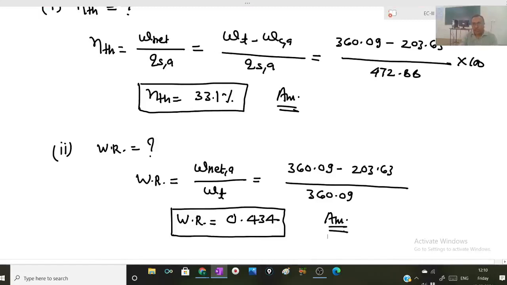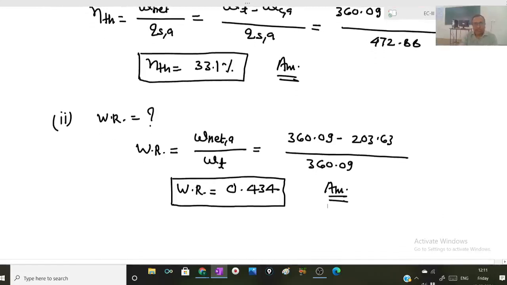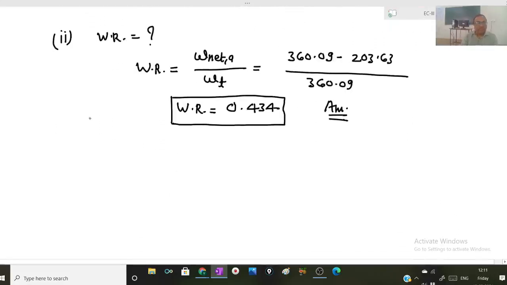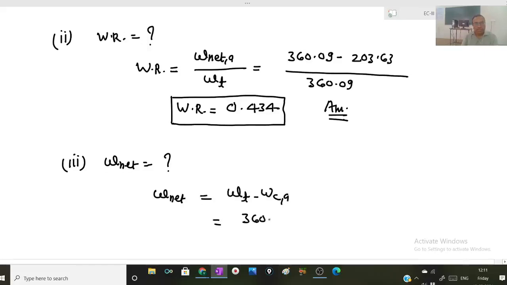And the last one, if I remember, is nothing but the net work output of the cycle. So net work output is nothing but W turbine minus W compressor, 360.09 minus 203.63.